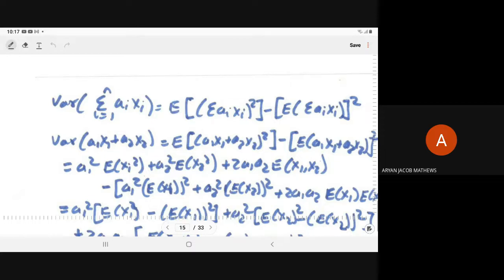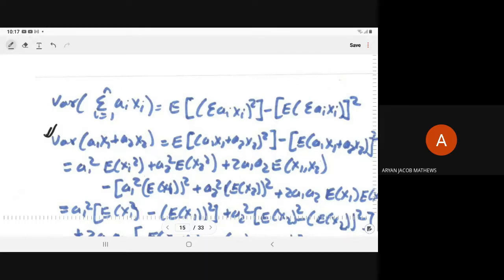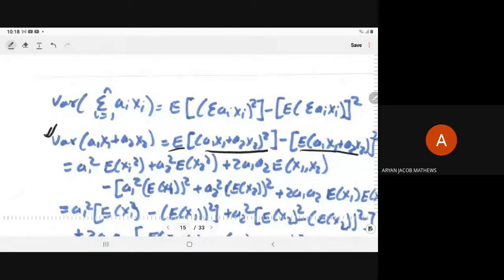At that time, we know that the variance of a1 x1 plus a2 x2, by the formula, is E of the random variable square minus the square of E of x. So E of (a1 x1 plus a2 x2) square minus the square of E of (a1 x1 plus a2 x2).